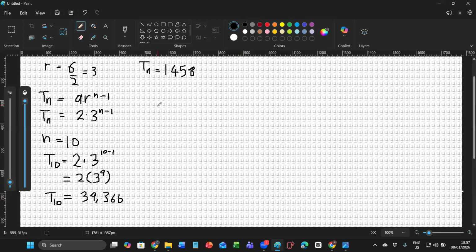Okay, so now the thing is this. We know that Tn is also given by the general formula, which for this particular sequence is this one, the one I'm putting in the box now.